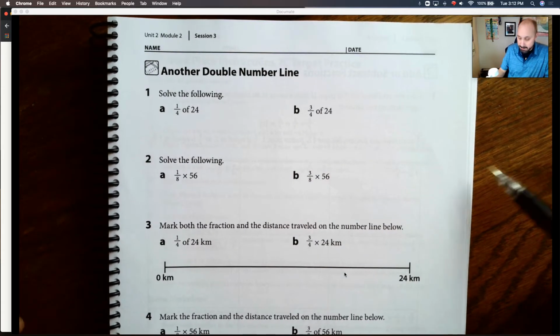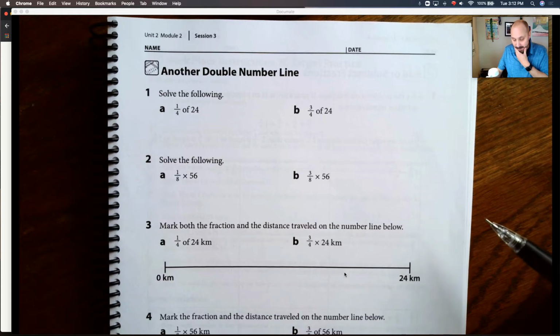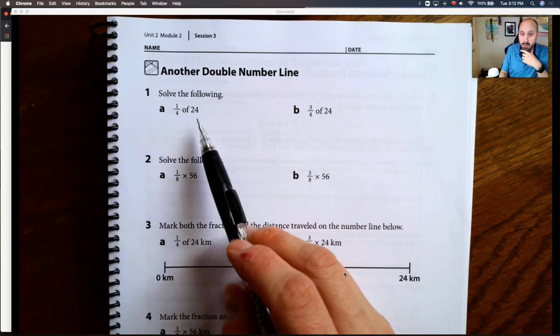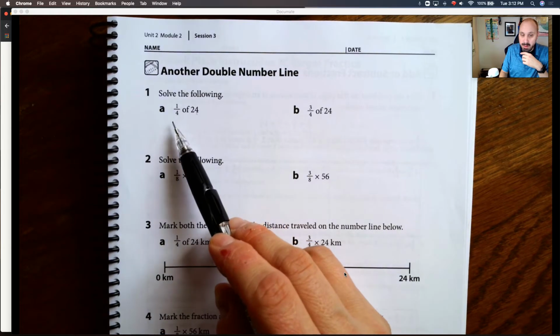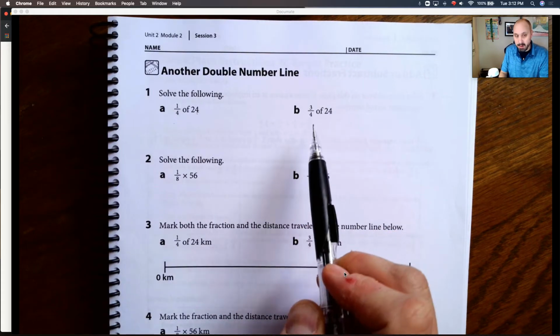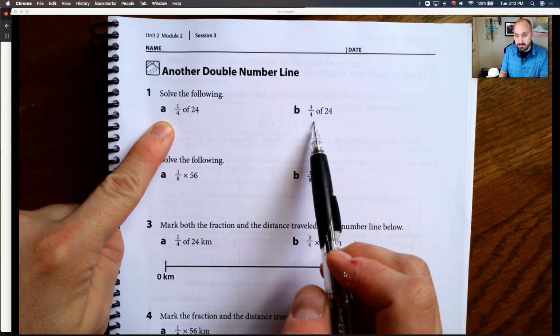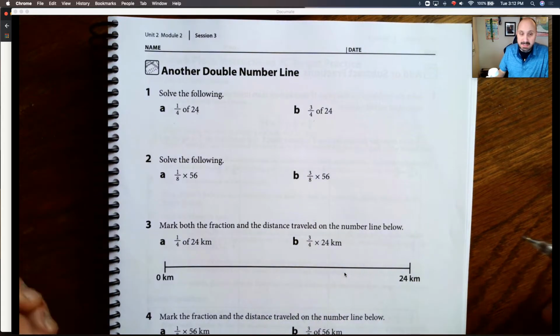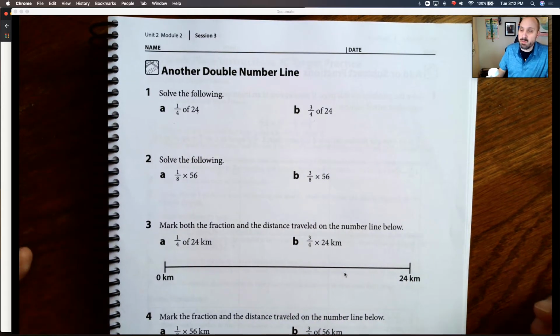whole number. Okay. So we talked about last week fractions by a whole number, and we looked at ways that we could split up numbers like 24 into fourths, and then how to use what we know about the fourth to solve three-fourths or two-fourths, right? So easiest way for us to think about this is to think of 24.